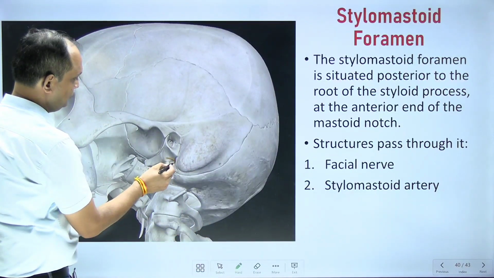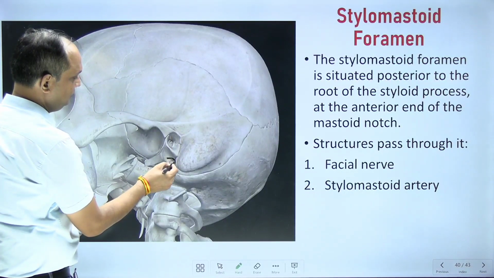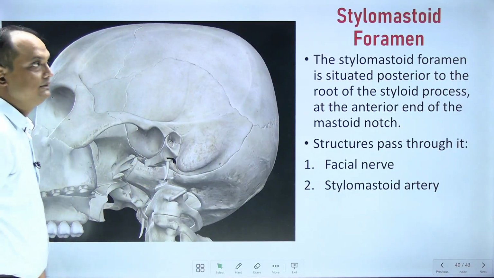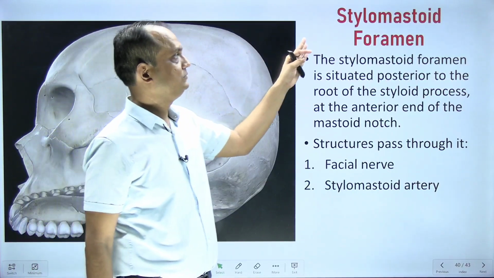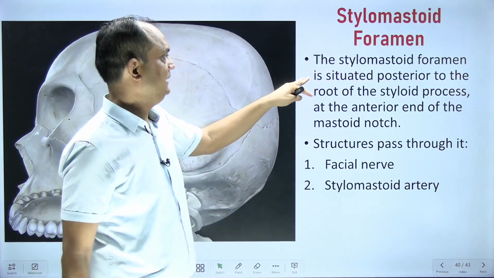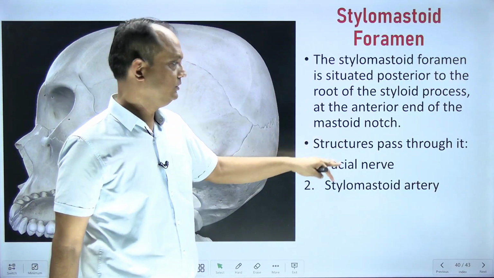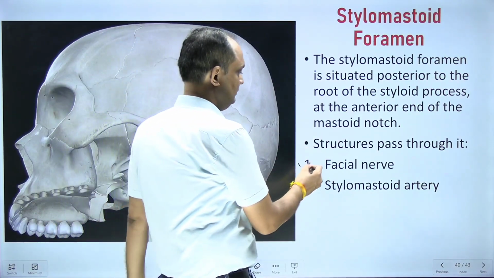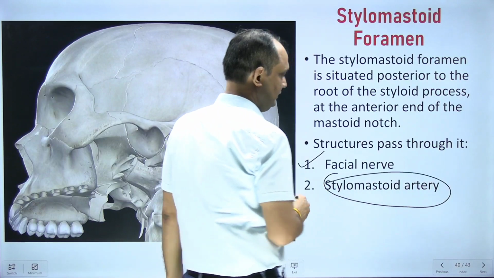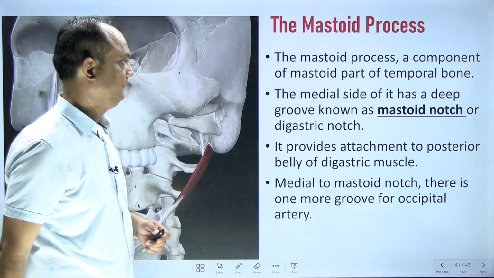So this is a most commonly asked question: facial nerve comes out from which foramen? Answer is stylomastoid foramen. So the stylomastoid foramen is situated between the styloid process and the mastoid notch, and it allows the exit of facial nerve, and there is an entry of stylomastoid artery.